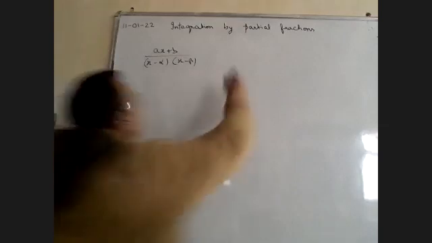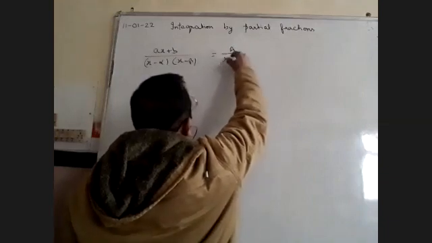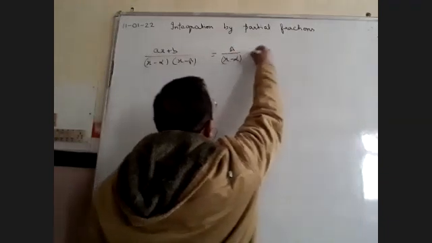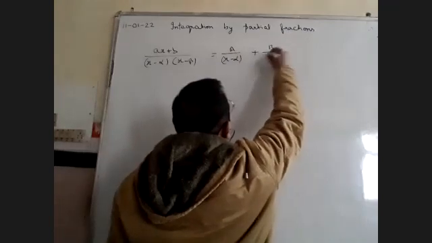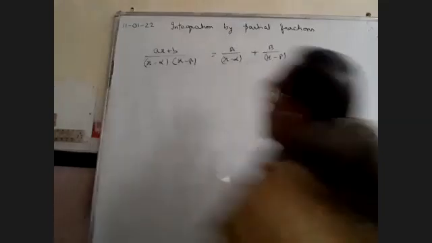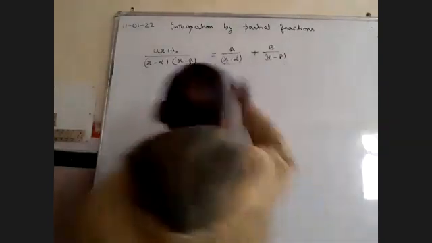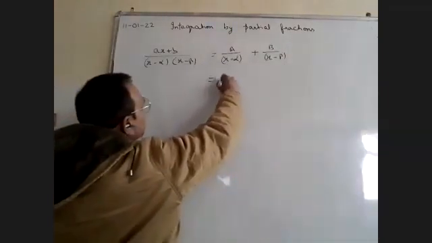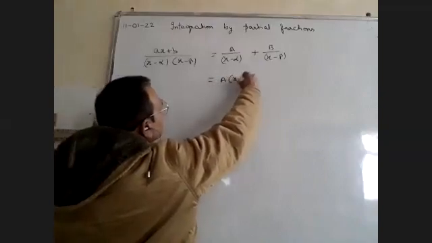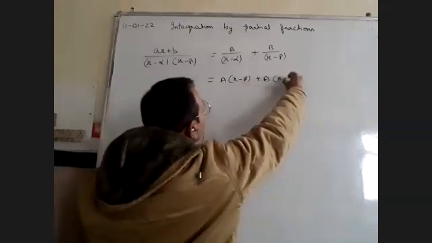Then we convert this fraction into this form: A upon x minus alpha and B upon x minus beta. Now if we take the LCM, after taking the LCM we compare the numerator coefficients, then we get the values of A and B. For example, if you take the LCM, it becomes A(x minus beta) plus B(x minus alpha).